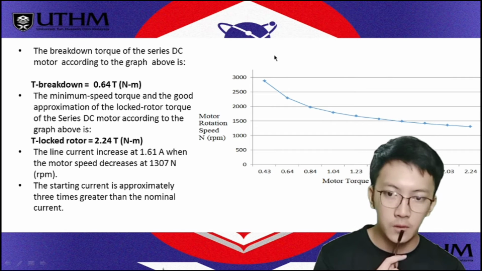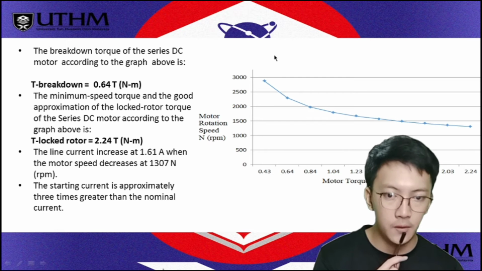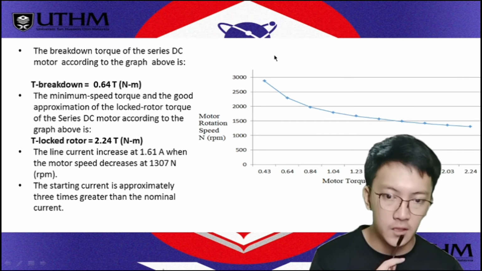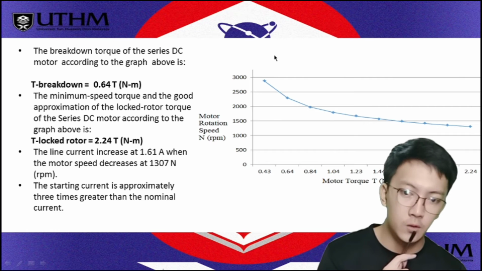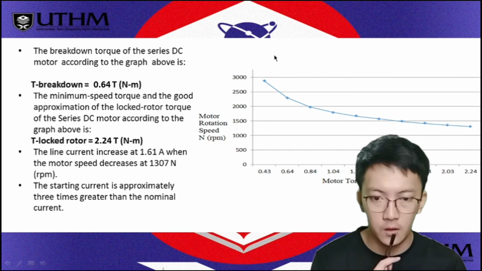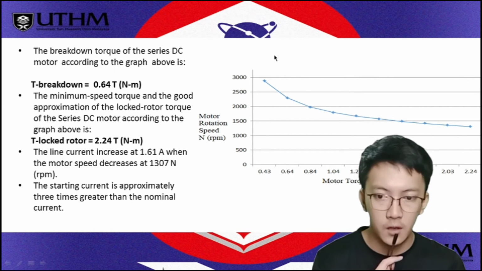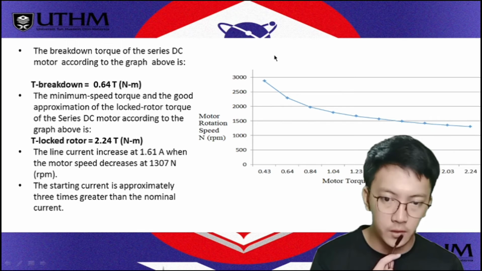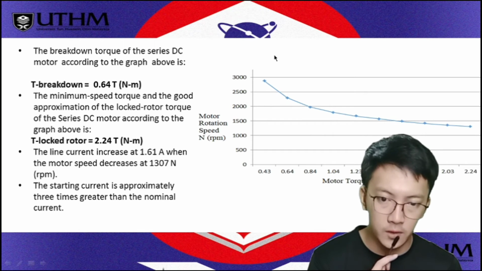So the breakdown torque of the series DC motor according to the graph above is T breakdown equal to 0.64 T Nm. The minimum speed torque and the good approximation of the locked rotor torque of the series DC motor according to the graph is T locked rotor 2.24 T Nm.